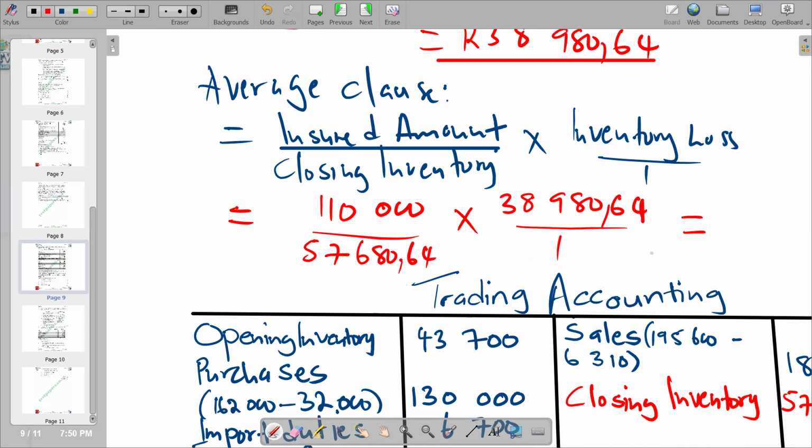So you calculate it, and the average clause is 74,338 rands and 12 cents.